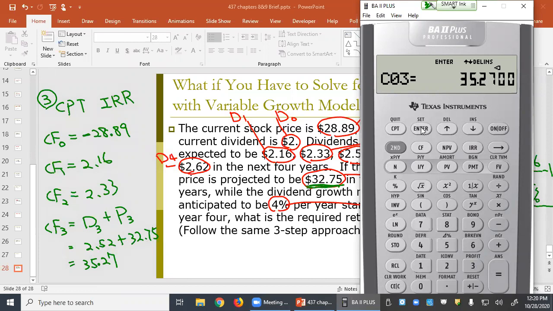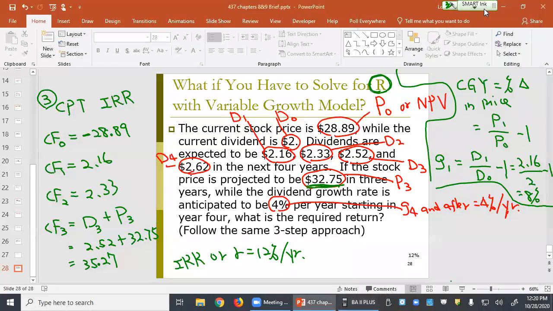After I've entered all of the relevant cash flows to find my average annual rate of return, I press the IRR, then I press compute. It is 12% per year. Now, there's actually a shortcut to this because this is a simplified problem.